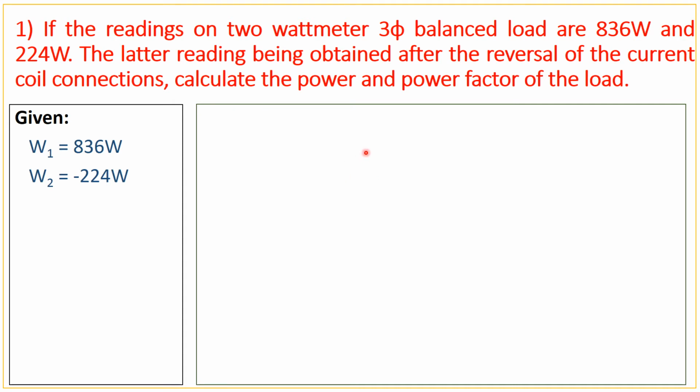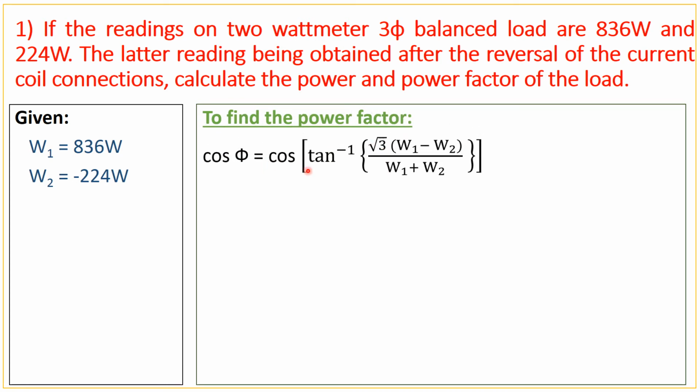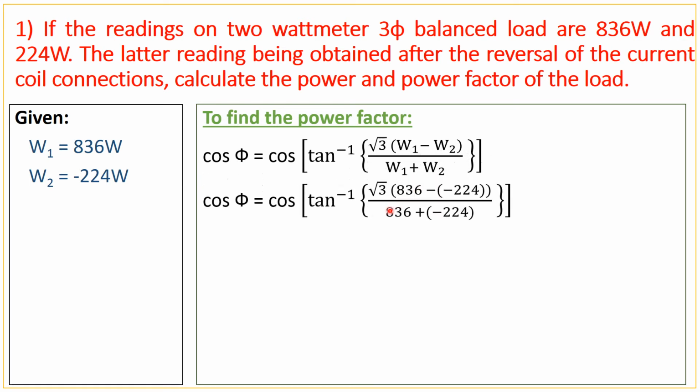Next, I must find the power factor. So I know that cos phi is equal to cos of tan inverse of root 3 (W1 minus W2) by (W1 plus W2). So this is that simple. If you know the formulas, it is direct substitution. So cos phi is equal to cos of tan inverse of root 3. What is W1? It is 836, minus W2, which is minus 224.